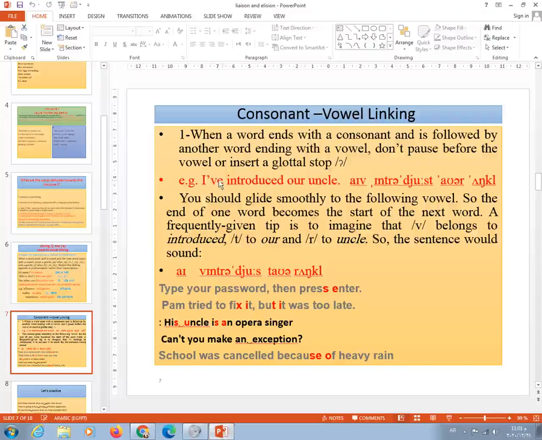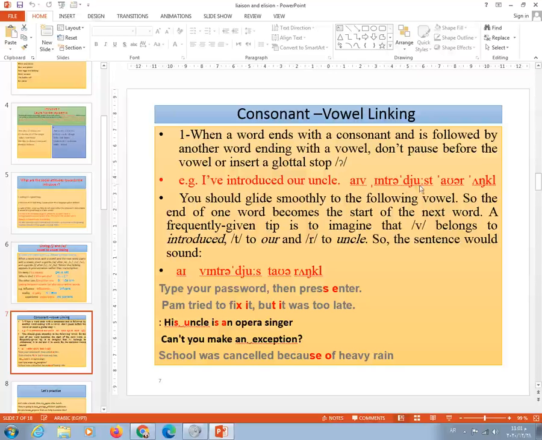The word of ends with a v, which is a consonant, and the word introduced starts with a vowel. So what happens is that I take the v of "of" and attach it to the word introduced. So it becomes I've introduced.